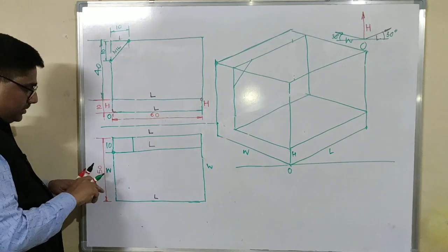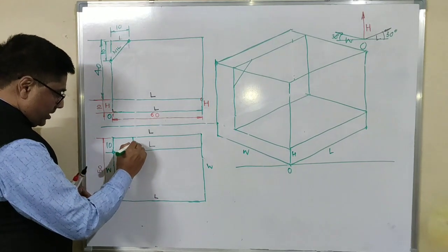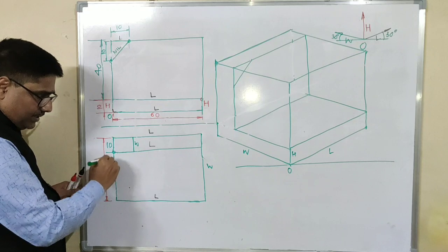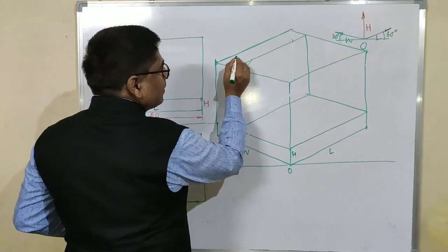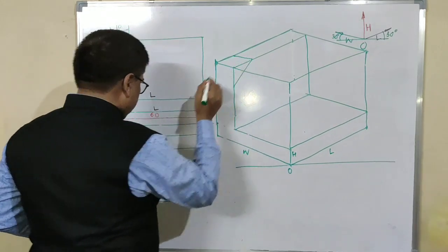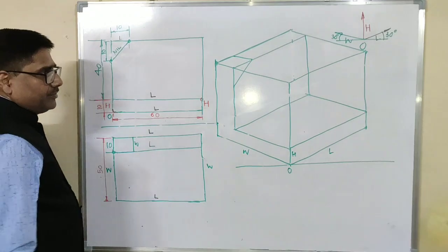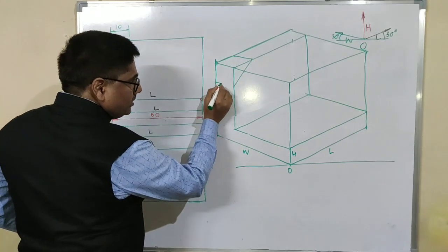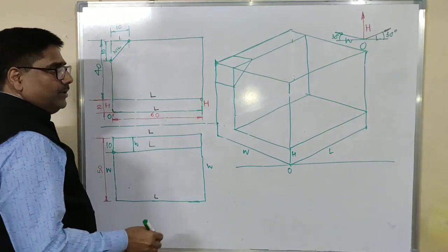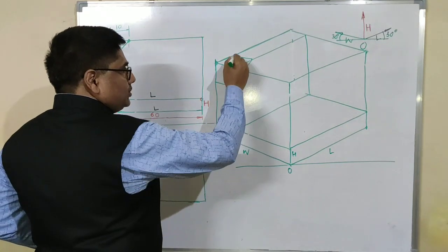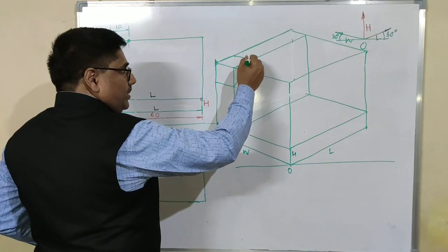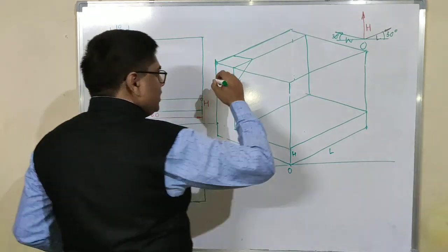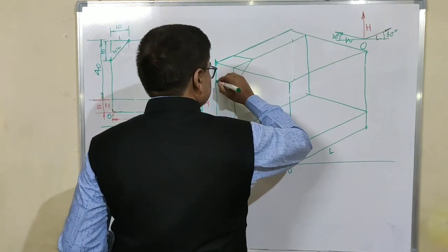To draw this line, we should go parallel to width, as this line is in the top. This is the line parallel to width. There will be one more line here parallel to width. If we join these 2 points, it will be by default parallel to this isometric line, non-isometric line.